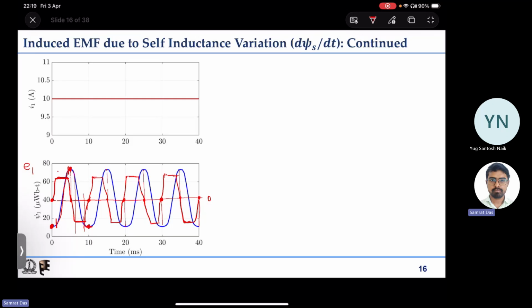So if I try to take only a cycle and try to draw it, this is the flux linkage psi 1. We have a minimum value here, then it goes and reaches some maximum value, it stays at that, and then again it comes down and reaches its lowest value.